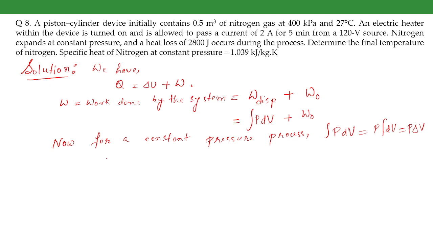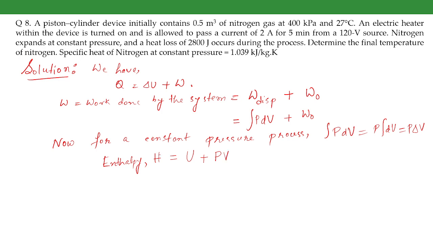Okay, now we define a term called enthalpy. We define this term as H, which will be the sum of the internal energy plus the pressure of the system at any instant multiplied by the volume of the system at that instant.